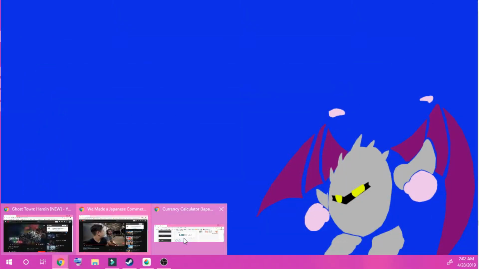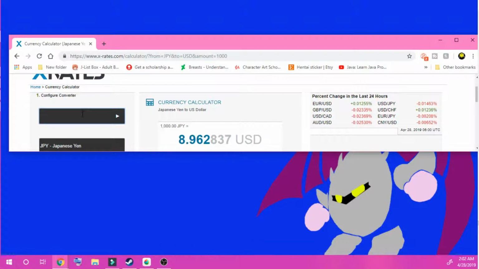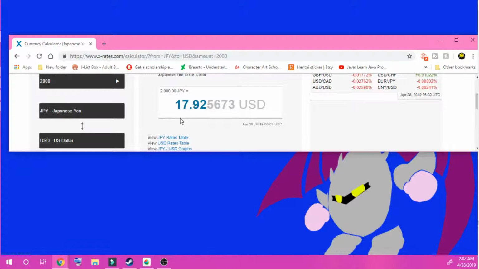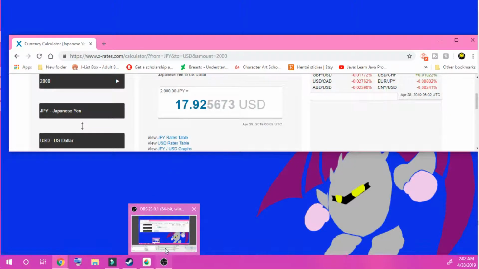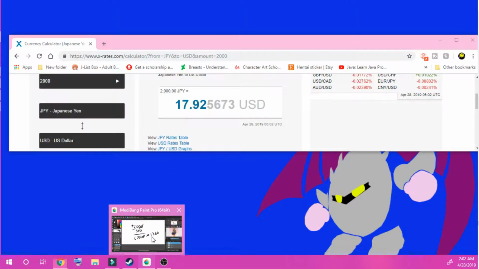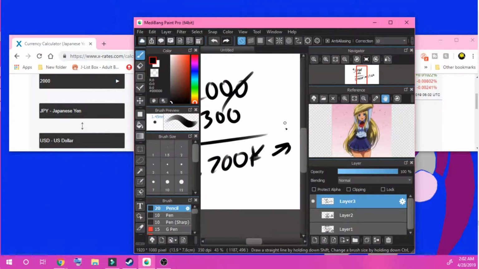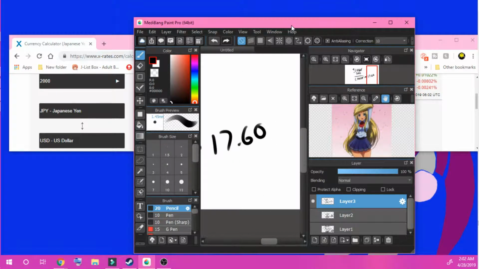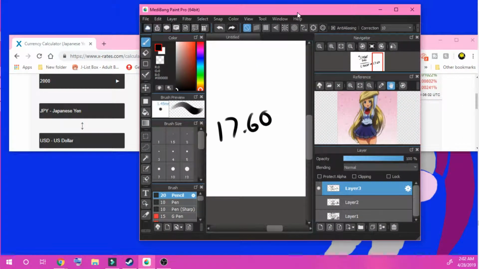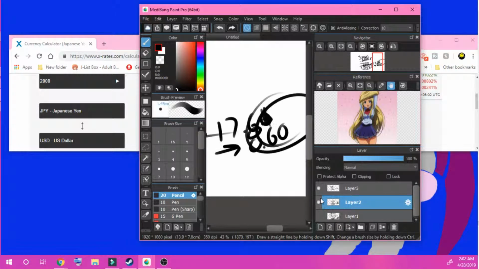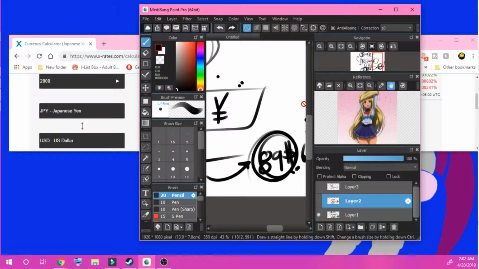Pop in over here. Did 2,000. $17.90. So yeah, it's pretty close. Usually, what I'm seeing right now, it's about 30 cents off. This includes last time, and the time before that. This one was 4 cents off.